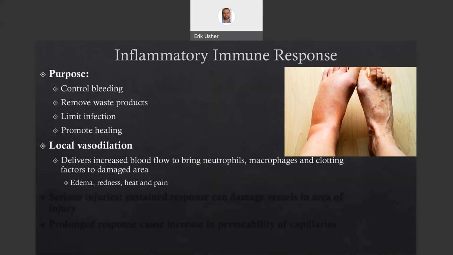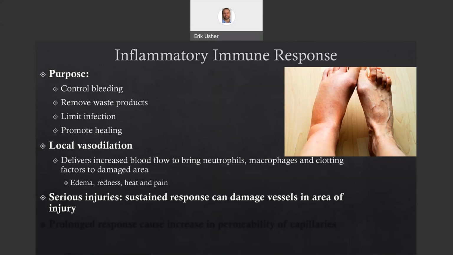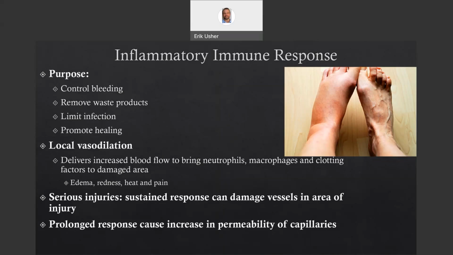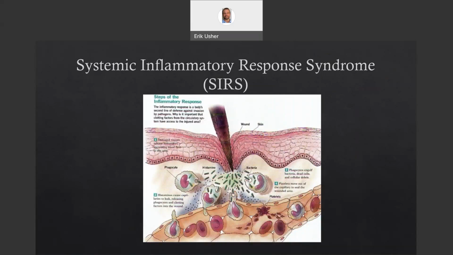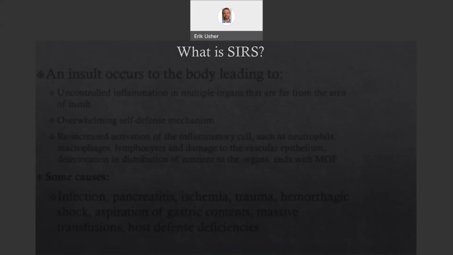Those are all your signs and symptoms of inflammation. With serious injuries, a sustained response can damage vessels in the area of the injury, so that can be a problem. Prolonged responses can cause an increase in permeability of the capillaries, and that's where it can become pathologic for these patients. So we'll talk about one of those pathologic findings, and that's systemic inflammatory response syndrome, or SIRS.